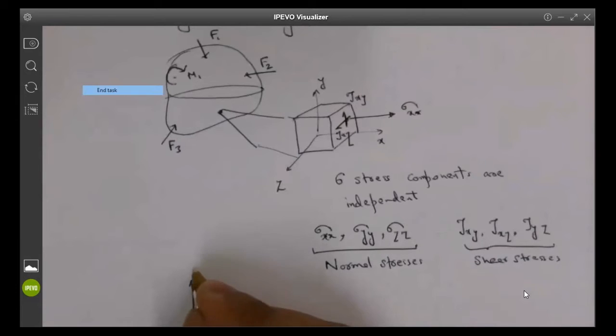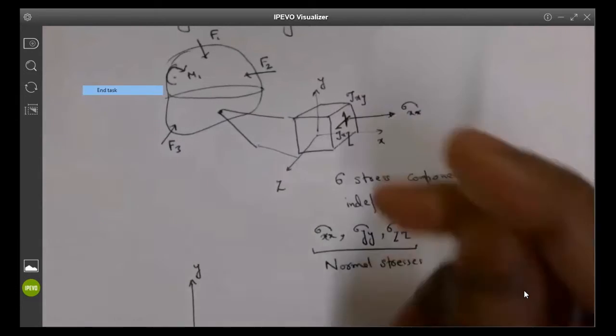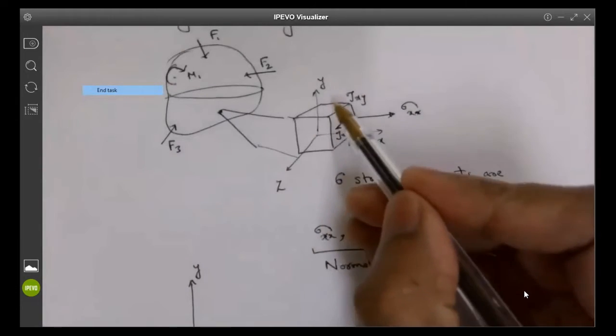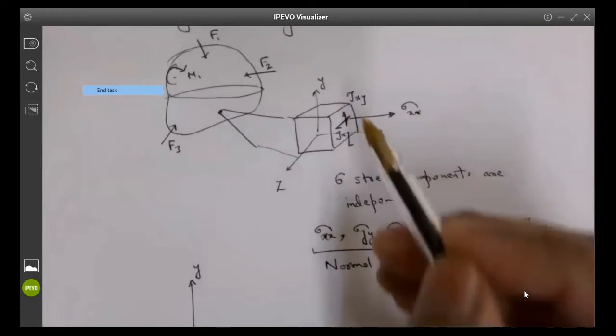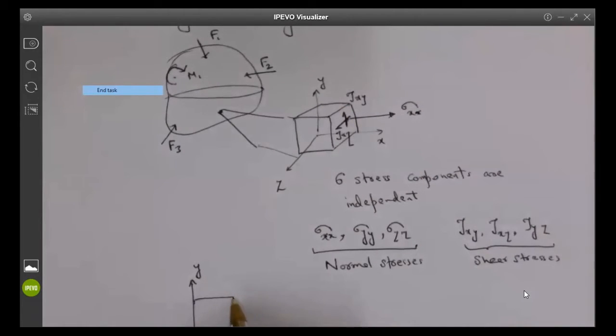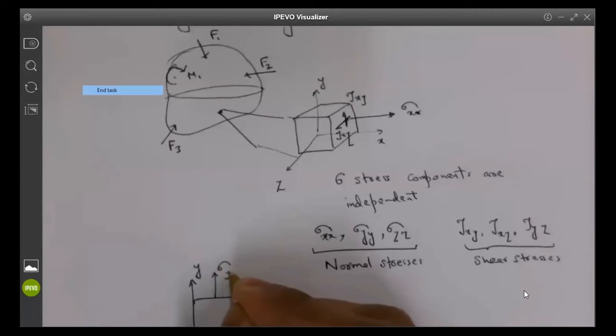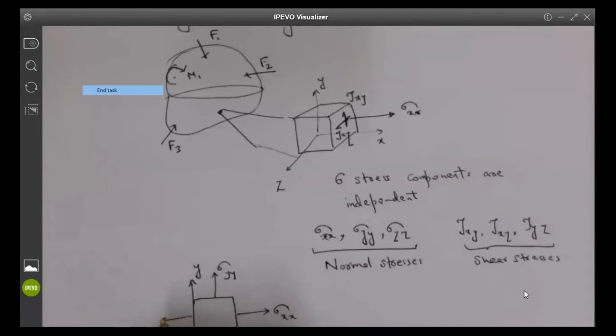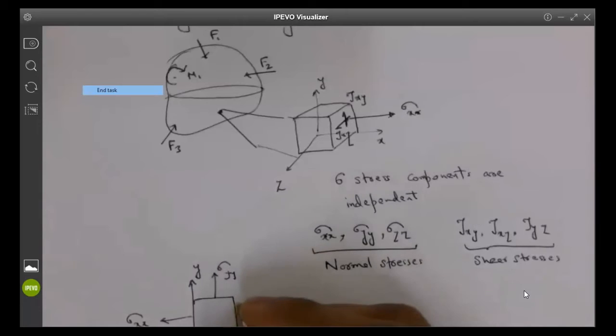For example, if I squeeze the z-axis, such that all the material is confined to one plane, then what I have are 3 components of stress: sigma xx, sigma yy, and tau xy.